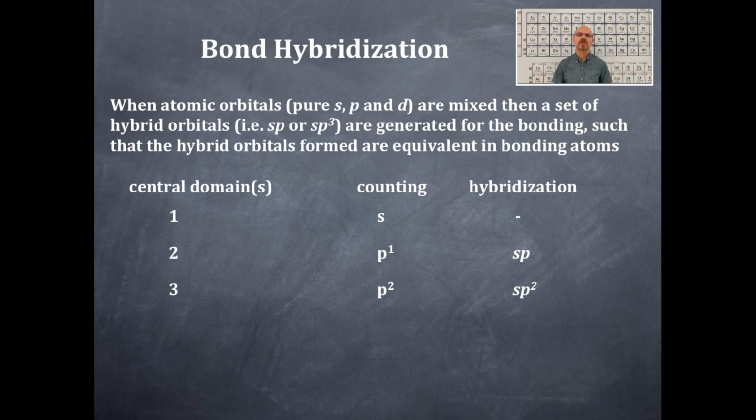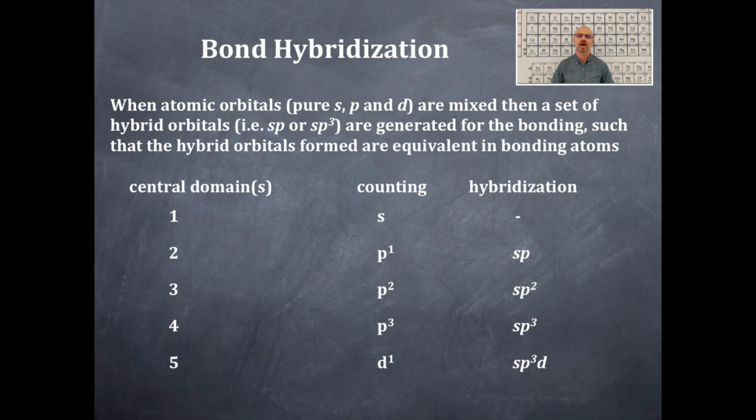If we have three domains around the central element, it's s, p1, p2, which we call sp2. If you have four domains, then it's s, p1, p2, p3, and we get sp3 hybrid orbitals. If there are five domains around the central region, then we have s, p1, p2, p3, d1, and we call that sp3d.